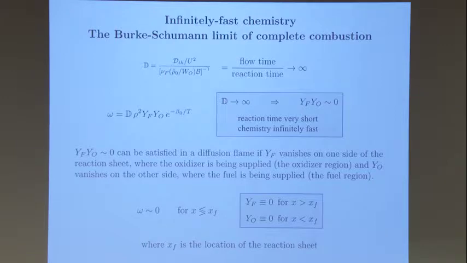Later on, after some years, approximately in the 1940s, it was recognized that the Burke-Schumann solution is in fact an asymptotic solution when the Damköhler number D is very large.